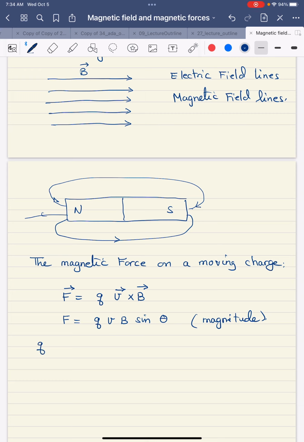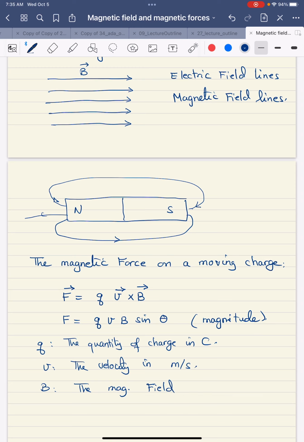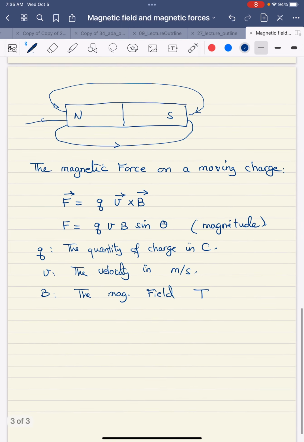Here Q is the quantity of charge in coulomb, and V is the velocity in meters per second, and B is the magnetic field measured in Tesla.